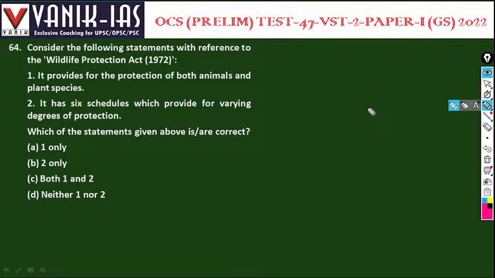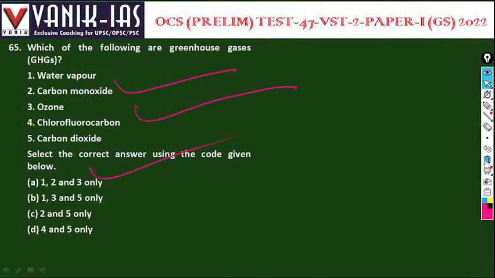Wildlife Protection Act. Yes, both animal and plant species. 6 schedules. Yes, both the statements are correct. In Schedule 1, there are the most important endangered species. Critically endangered and endangered species, vulnerable species are there.